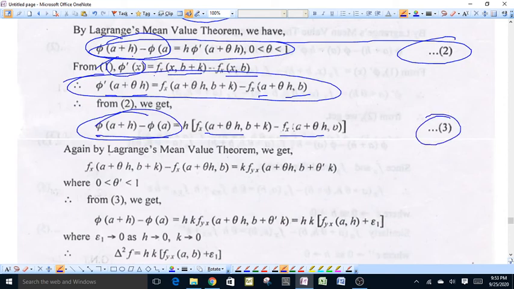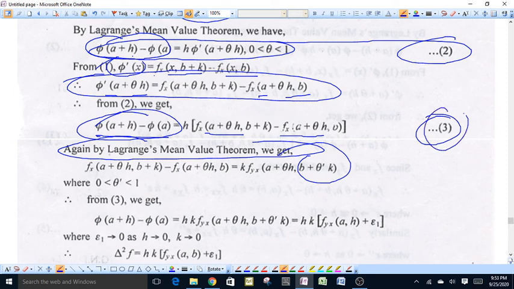Again, by using Lagrange's mean value theorem, we can write f x at (a + theta h, b+k) minus f x at (a + theta h, b) will be equal to k times f yx at (a + theta h, b + theta dash k), where theta and theta dash are numbers between 0 and 1.